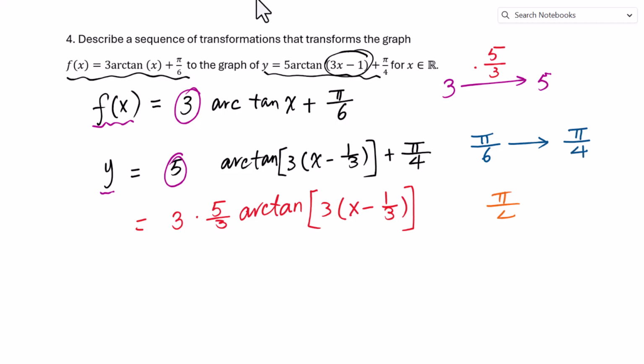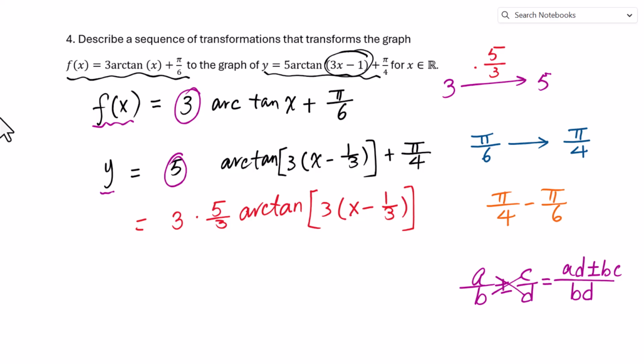Pi over 4 minus pi over 6. Use this formula: a over b plus or minus c over d. We get bd as the denominator, ad plus or minus bc. So cross multiply.